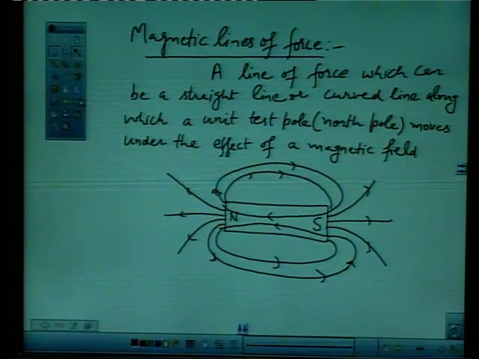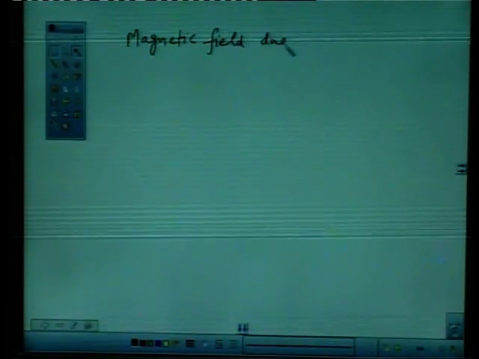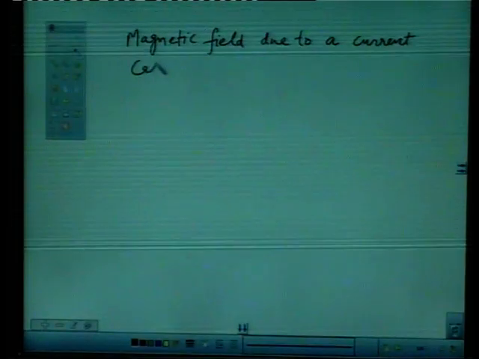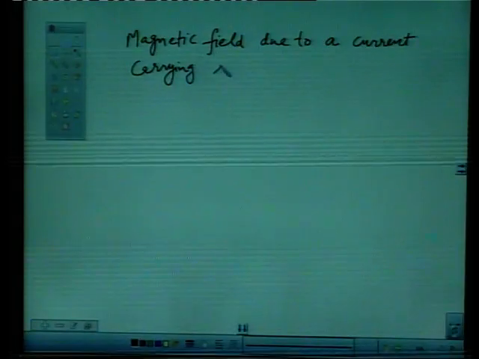Now, we will come to the magnetic field due to a current carrying straight conductor.